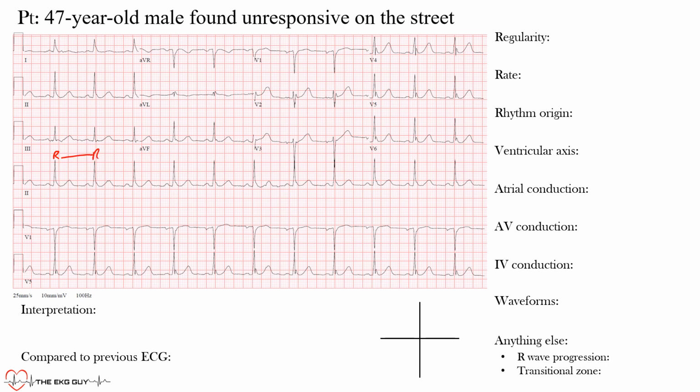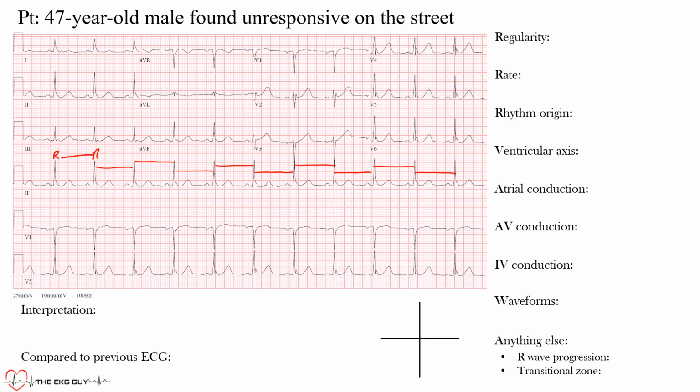This is called an R to R interval, from one R wave to the next, okay? And if the intervals between each of those that follow are the same, so all of the duration of these is the same, we would call that a regular rhythm. If it were not the same, then we would call it an irregular rhythm.